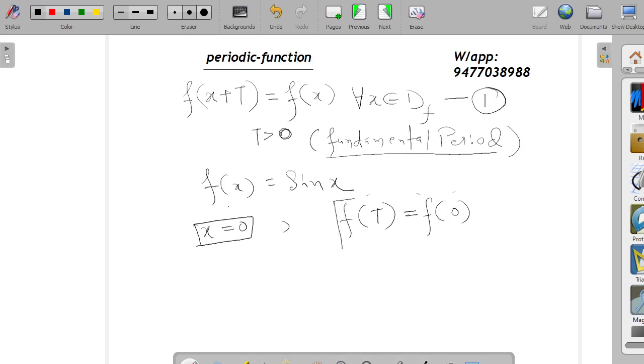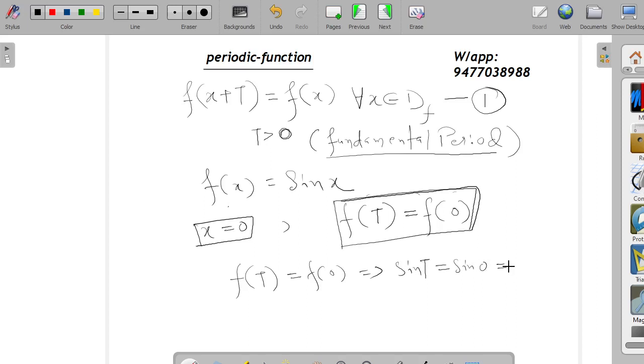So to determine the period of sin x, we make use of this functional equation. We have f of t equals f of 0, which implies sin t equals sin 0.